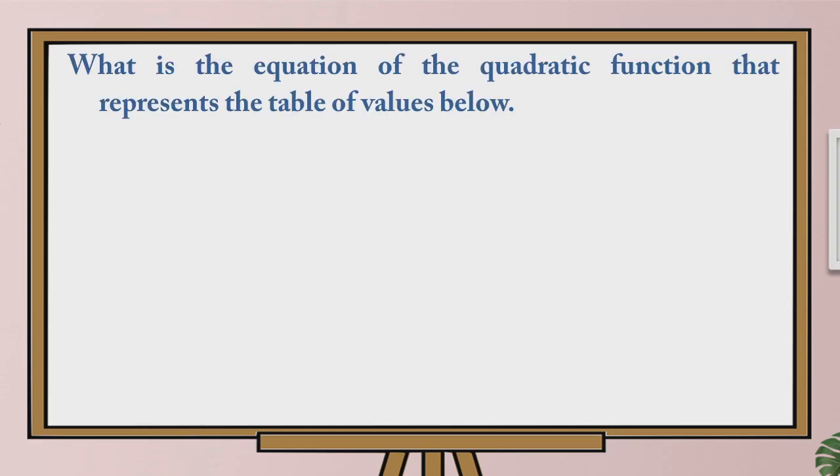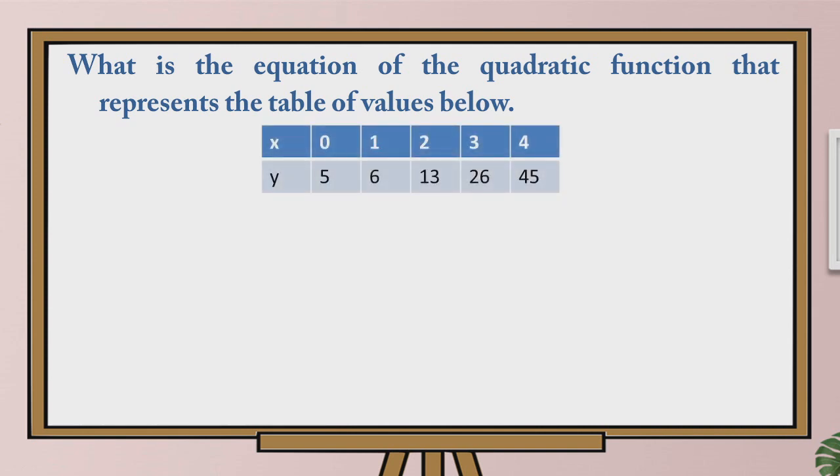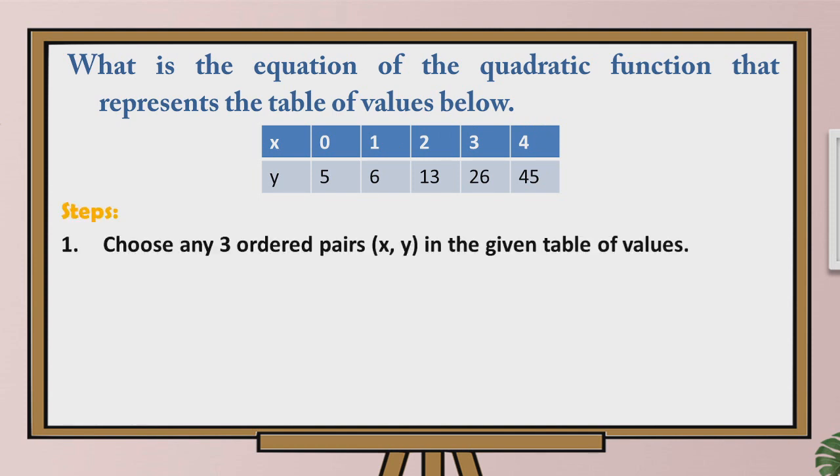Okay, so ngayon, we have this question. What is the equation of the quadratic function that represents the table of values below? So what if ito lang yung binigay sa atin, tapos we will determine kung anong equation yon. So, una nating gagawin is to choose any ordered pairs (x, y) in the given table of values.